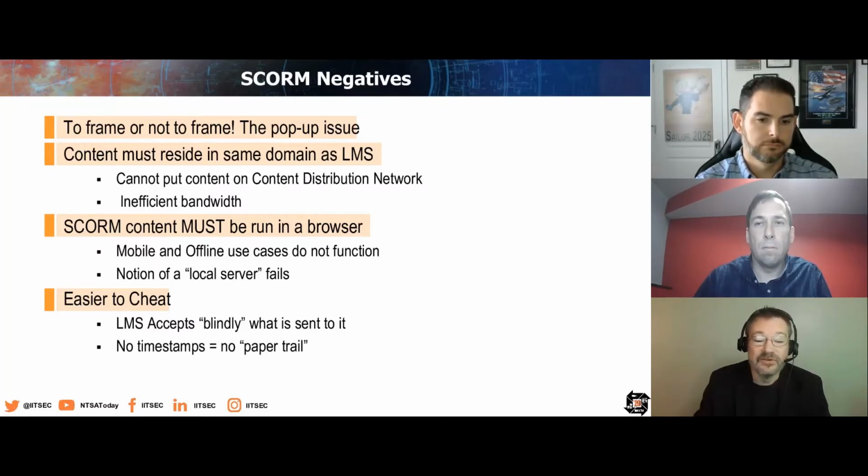If your student is remote from the server, some distance from the server, that content can take a long time to download, and it's frustrating for your students and it's inefficient. So what we'd like to do is run on a content distribution network. Well, we can't do that with SCORM because the spec requires that all of the content reside in the same domain as the LMS. So cmi5 will solve that problem, and we'll talk about that later.